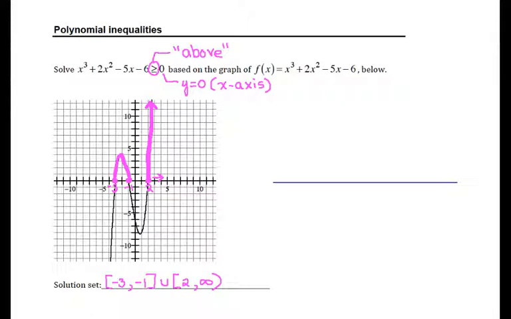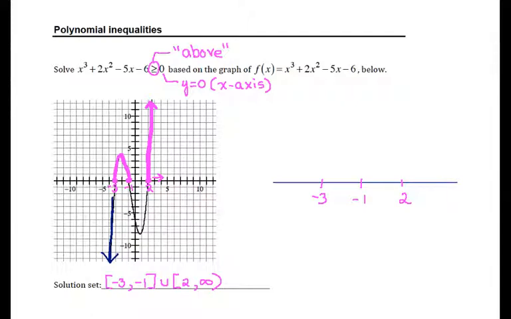To best understand the process of solving without a graph, we generally use a number line. We can see that the information we really needed from this graph are: 1, where does the graph cross the x-axis? It crosses at -3. It crosses at -1, and it crosses again at +2. And the second piece of information we need is: where is the graph above the x-axis and where is it below? We can see that to the left of -3, this region over here, the graph is below the x-axis.